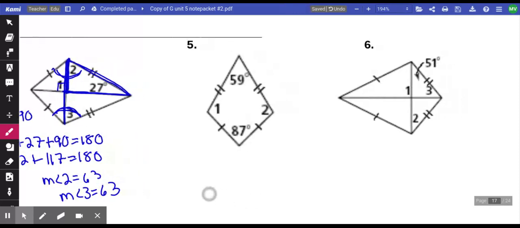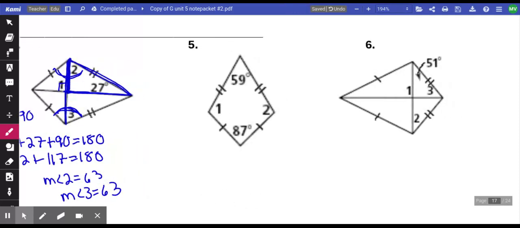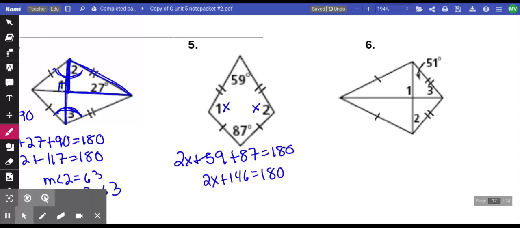Number 5 is just like two previous ones. So I'm going to call 1 and 2 both x. So that's 2x plus 59 plus 87 equals 180. I then solved that. And I made the same mistake again. It's not 180, it's 360 because here we're not talking about a triangle. We're talking about the whole quadrilateral.